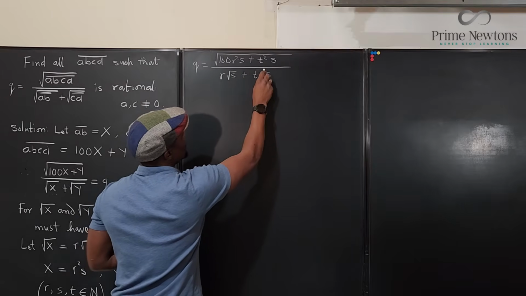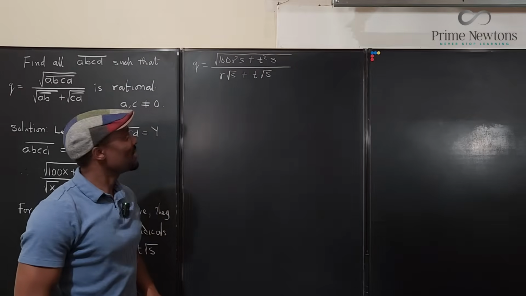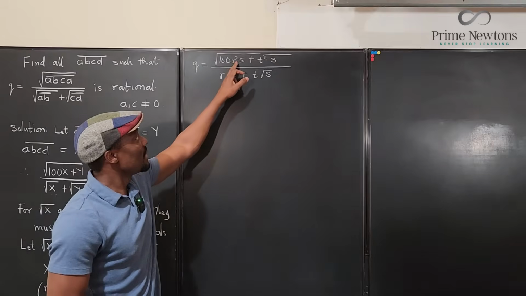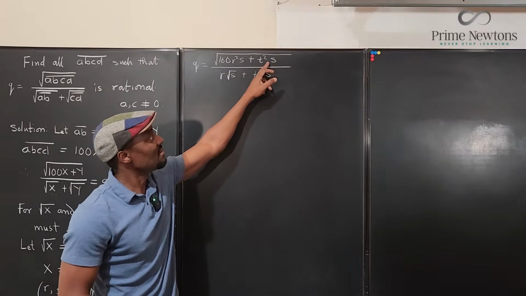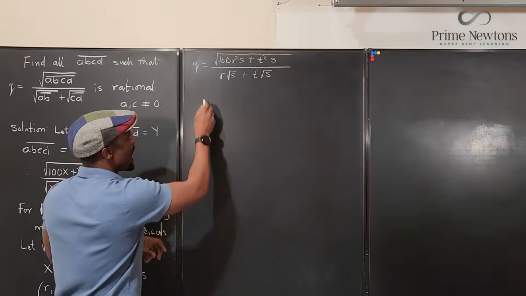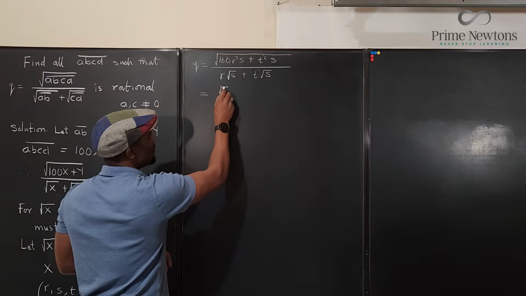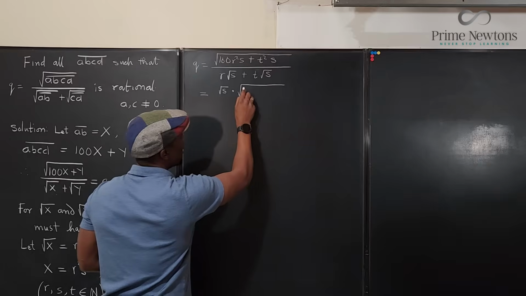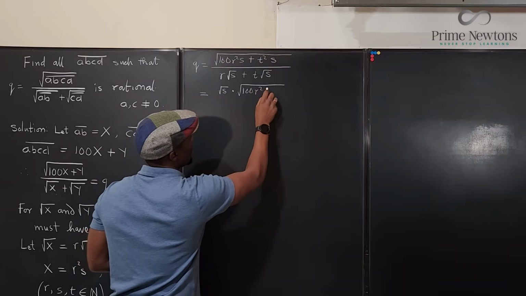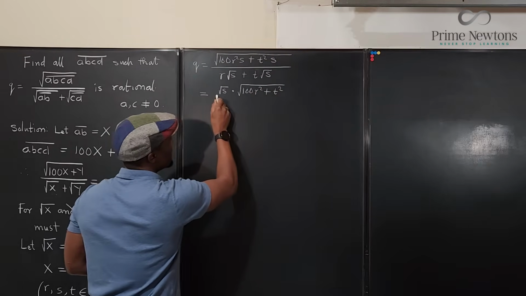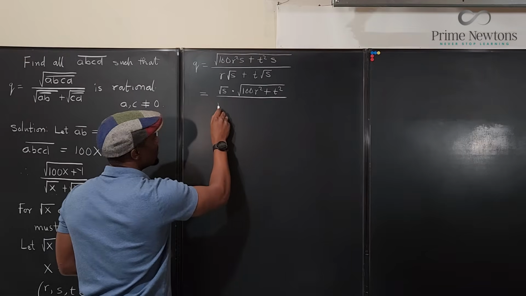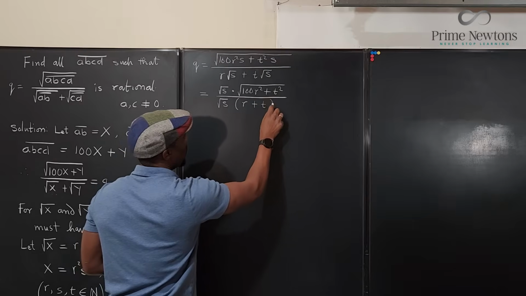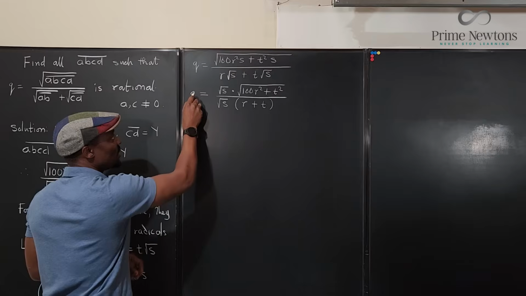Oh, I thought it was going to be the sweeter version of it, but no. So now, if you look here, this is S, this is S. If I factor out the S, I end up with the square root of S multiplied by the square root of 100 R squared plus T squared, divided by the square root of S times R plus T. That's what Q is.